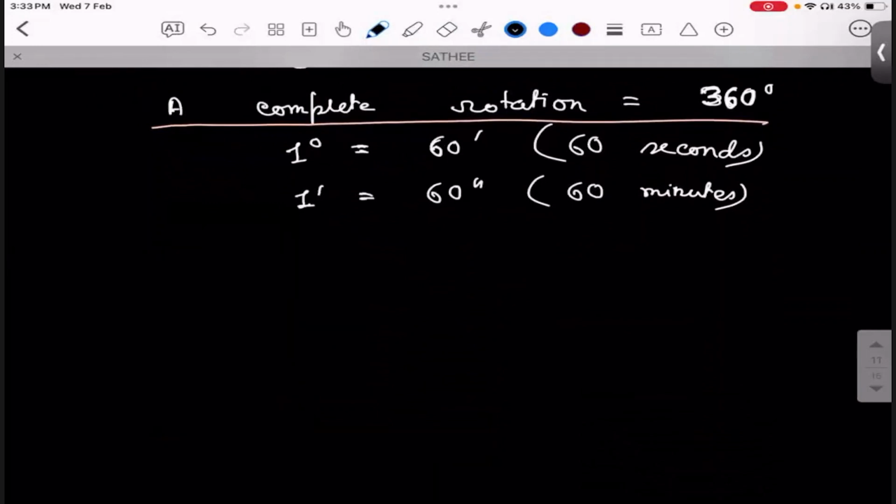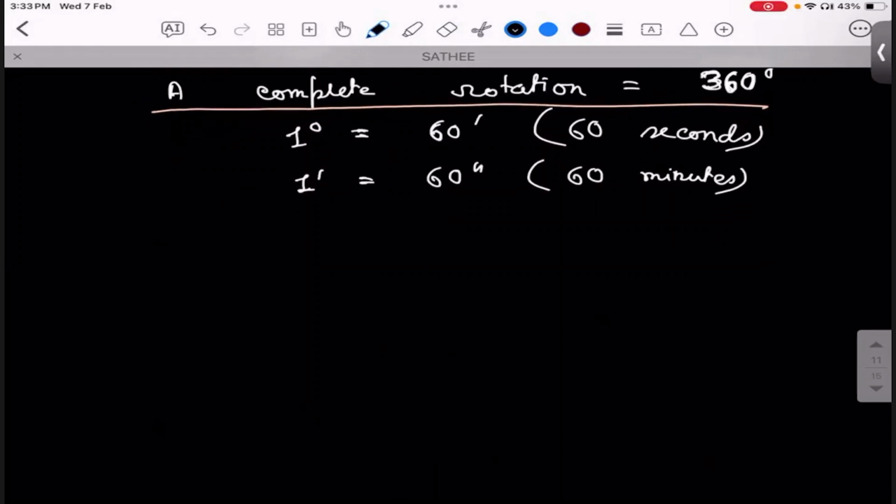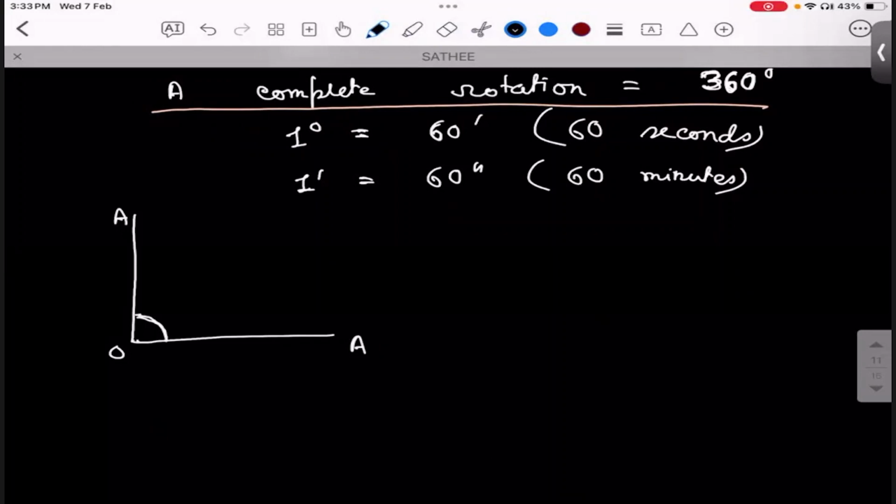Now let us see some more examples which are very familiar to you. So you all know about right angle triangle. So right angle means this thing. This is our OA dash, and this is our angle. Now, which direction is it going?